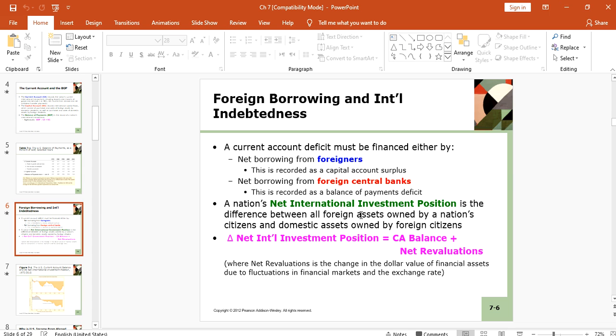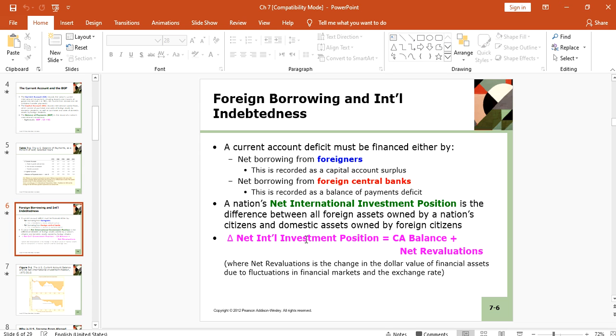So a nation's net international position is the difference between all foreign assets owned by the nation's citizens and domestic assets owned by foreign citizens.